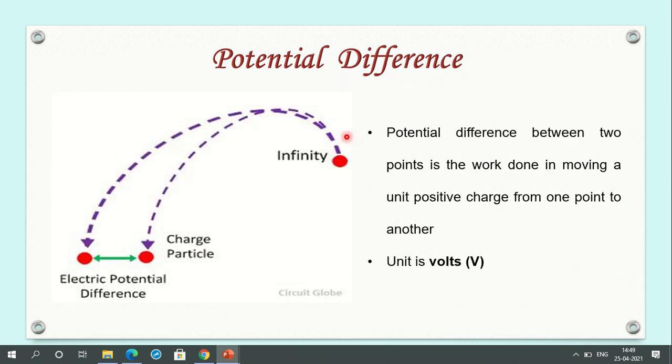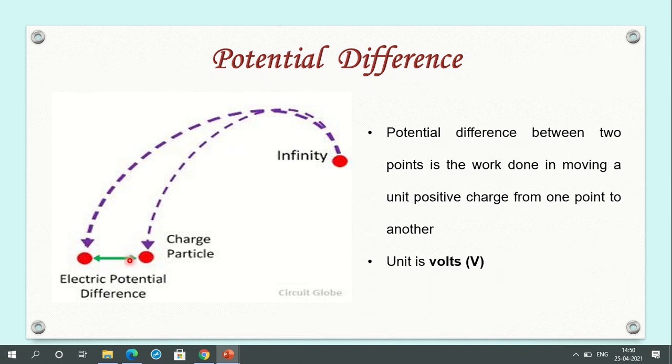Now let us see what potential difference is. We have studied what potential is at a particular point. Now potential difference acts between 2 points. So we have these 2 points here, and the potential difference between these 2 points is the work done in bringing a unit positive charge from one point to the other point.